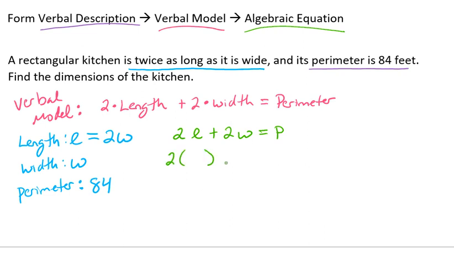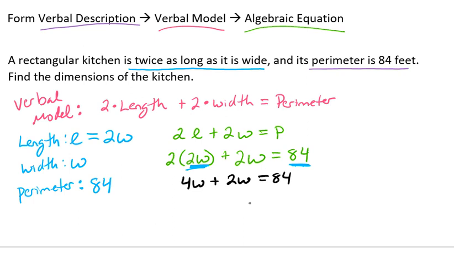So 2 times our length plus 2 times our width equals 84, because we're going to plug in what we have, right? So we know that the length is 2W, because it told us that it was twice as long as it is wide. And it told us the perimeter was 84. And from here we solve. So we have 4W plus 2W equals 84, or 6W equals 84.